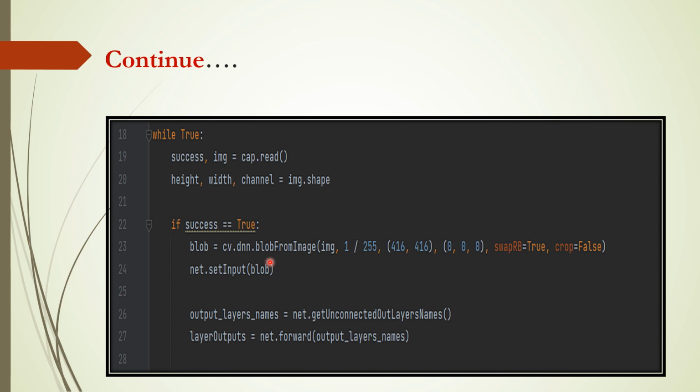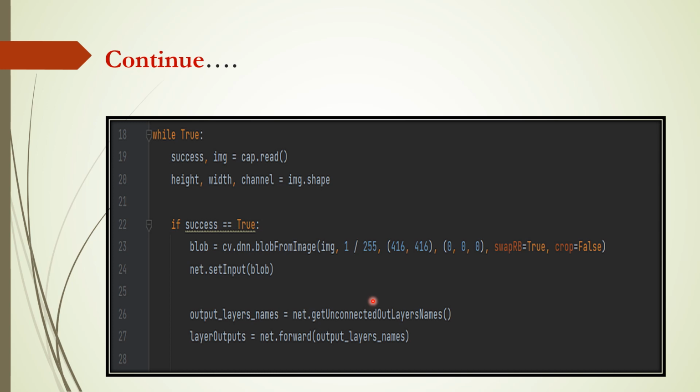Also we need to resize the frames to 416 by 416, because YOLO V3 takes this input, and OpenCV reads images in BGR format, so we need to swap the blue and red channels as well, and then pass the frames to the network. Now lines 26 and 27. Here we also need to get the output layer names and pass the names in the forward pass.